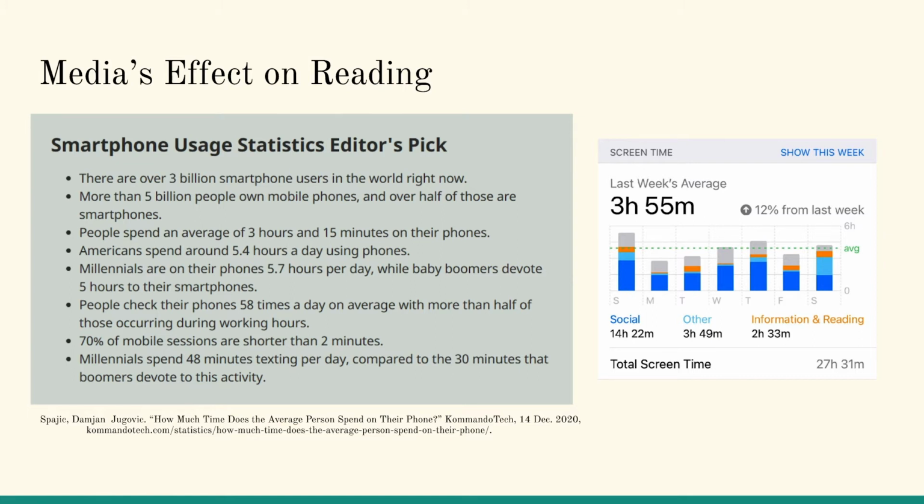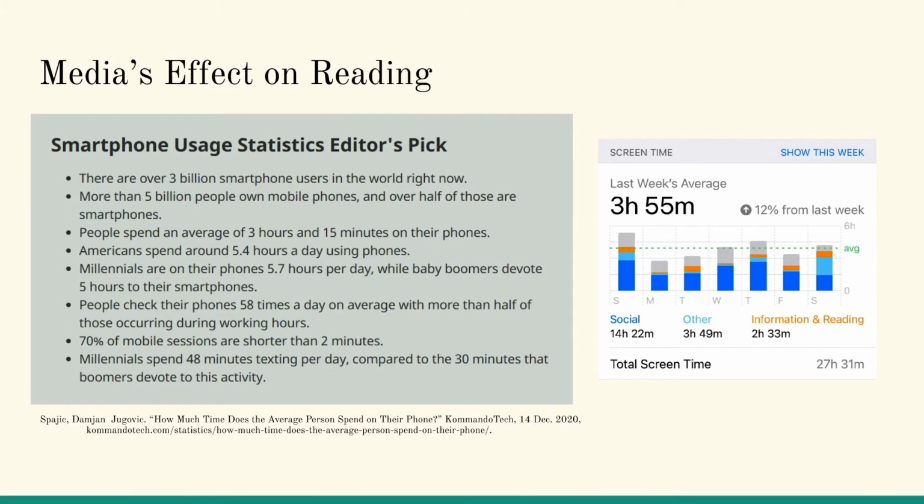And so all generations now are consuming media through visual formats in their devices. I even wanted to go ahead and include a screenshot of my personal screen time. Now, I am someone who reads regularly and I consume information through written text, but I spend more time consuming information visually, as you can see by my data.